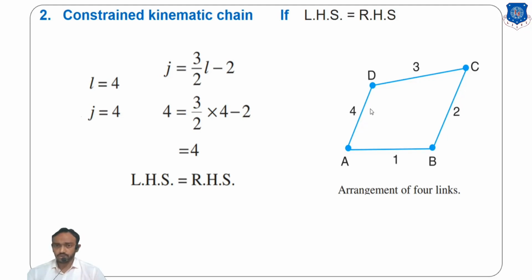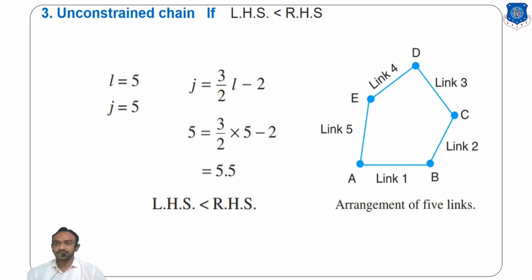We are going to our third and last chain, the unconstrained chain. In this, there is a possibility of more than one motion. First count the links: 1, 2, 3, 4 and 5, and the joints: 1, 2, 3, 4, 5. So 5 joints and 5 links.